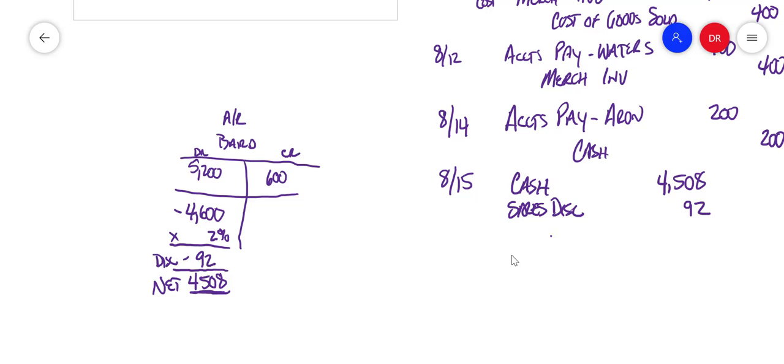And finally, we will credit accounts receivable Baird, and that amount will be for $4,600. Okay, that's the journal entry for August the 15th.